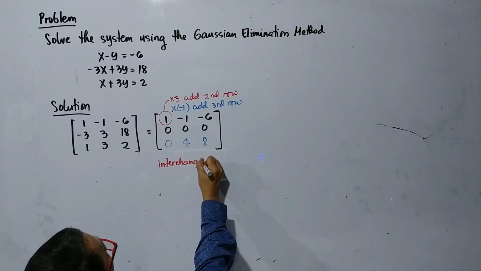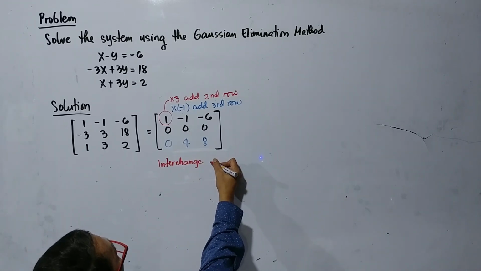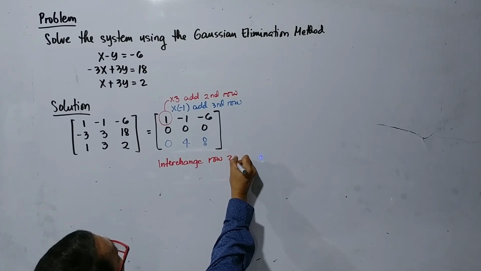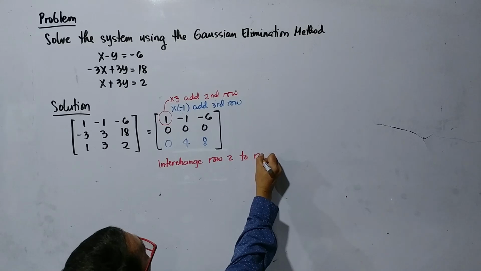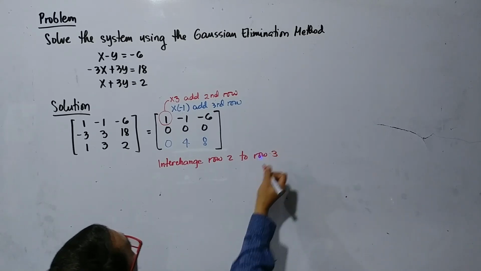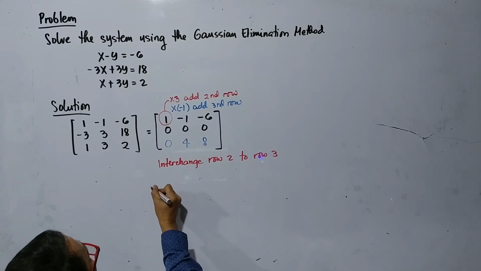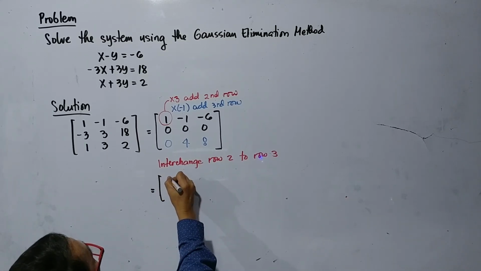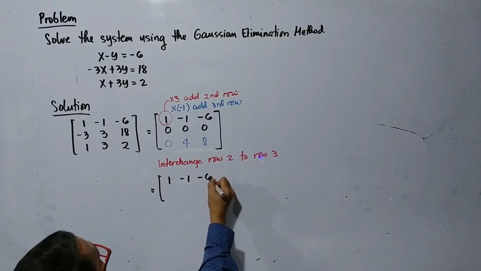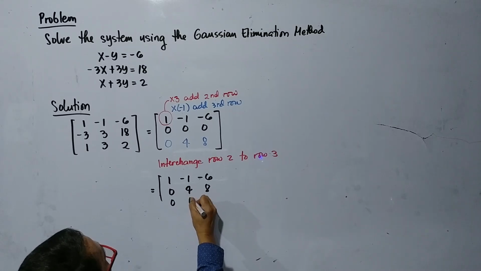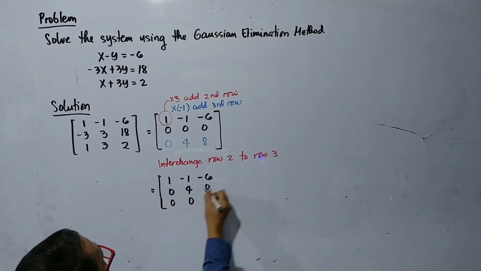We call it the elementary solution. Interchange row 2 to row 3. So we have 1, negative 1, negative 6; 0, 4, 8; 0, 0, 0.